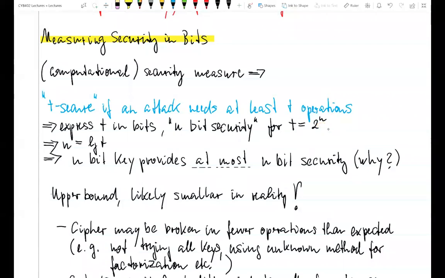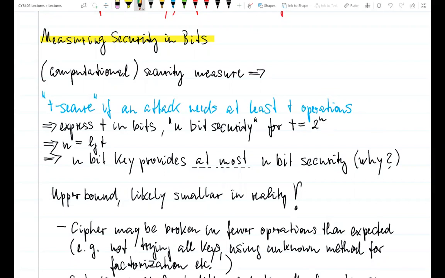It should go without saying that n is actually the number of bits of T. So we compute n as lg T, and in algorithms, and here for our purposes, lg means logarithm base 2. So logarithm base 2 of T is n, and n is the number of bits, and that's what we say we have: that many bits of security.